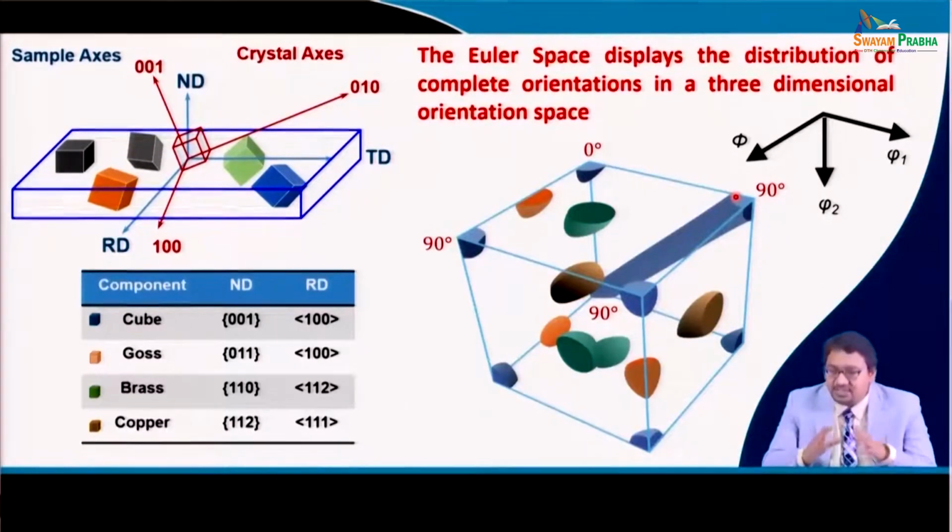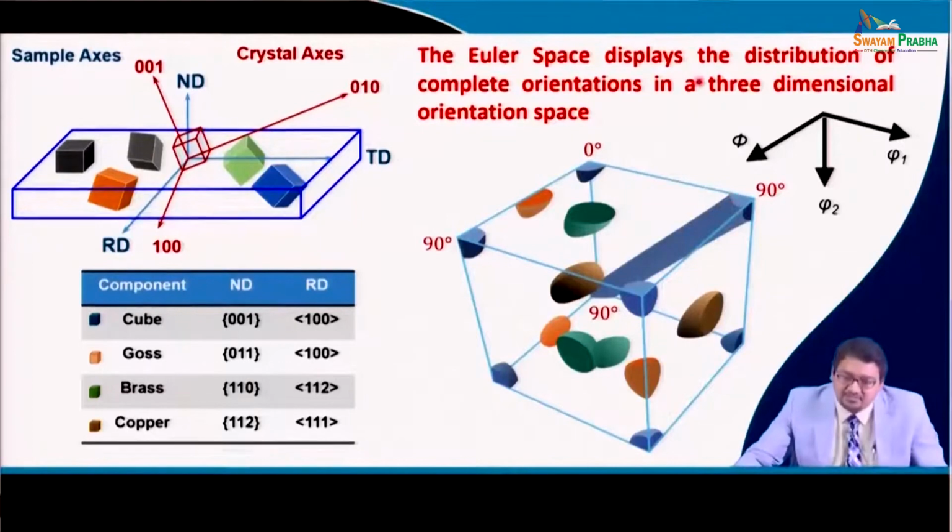But just to let you know that the symmetry of the cubic unit cell leads to reduce the size of the Euler space from 0 to 360 degree for phi 1, phi and phi 2 to 0 to 90 degree at this time.